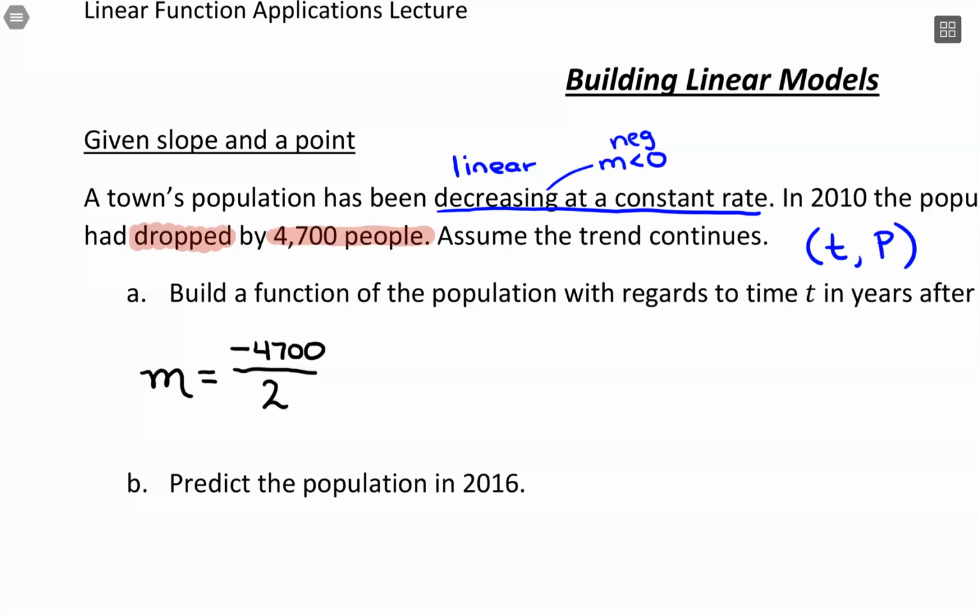So it's just getting to a shortened version of that calculation without having to do any actual math to get there based on how they gave us the information. Okay, if we calculate that, that should be a negative 2,350. So there's this decrease of 2,350 people per year.